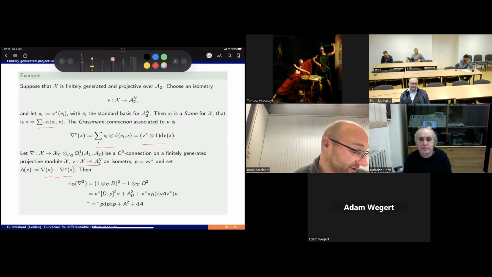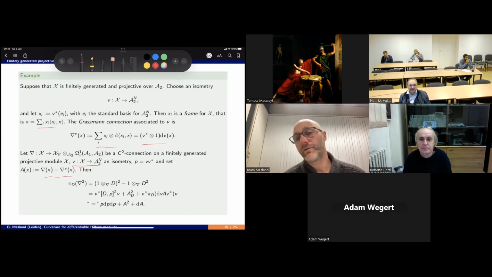So you really get something of the form P dP dP plus A squared plus dA, where I've written the last equality in quotation marks, because what you really get is of course the second line.